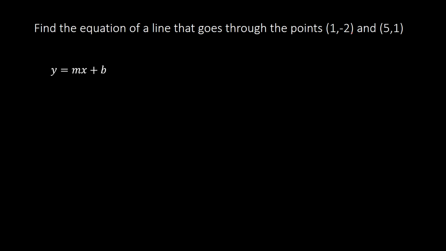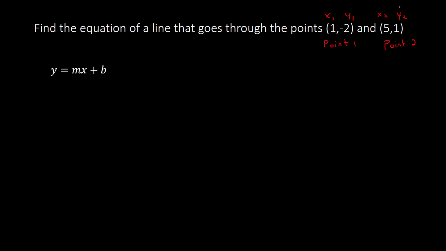But based off a previous lesson, you can find the slope by using your slope formula. So to do that, if you let this be point 1, and this is point 2, this would be x1, y1, x2, y2.